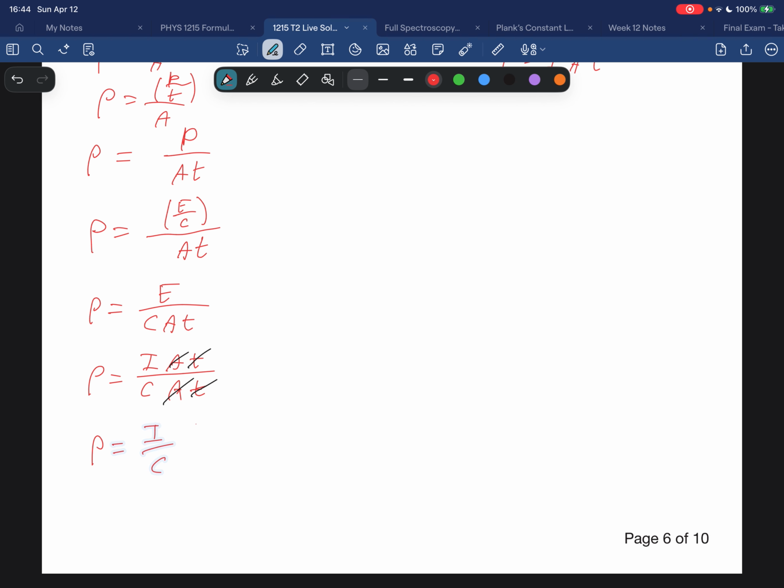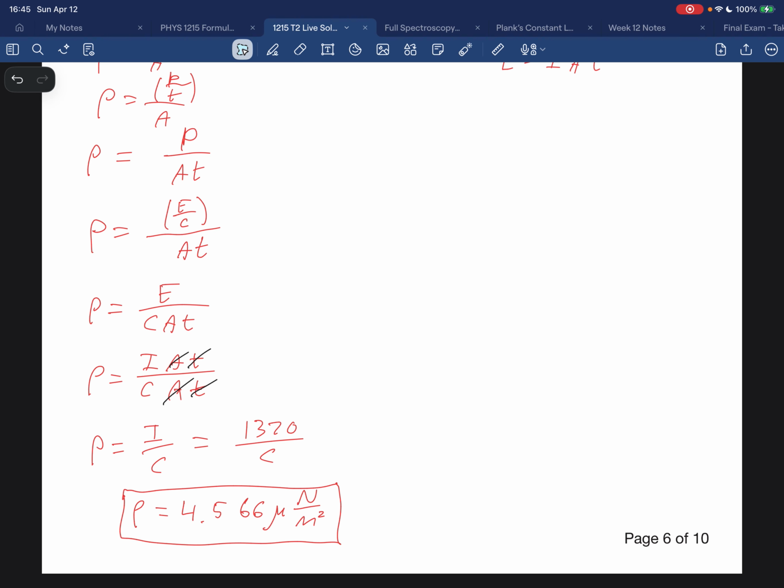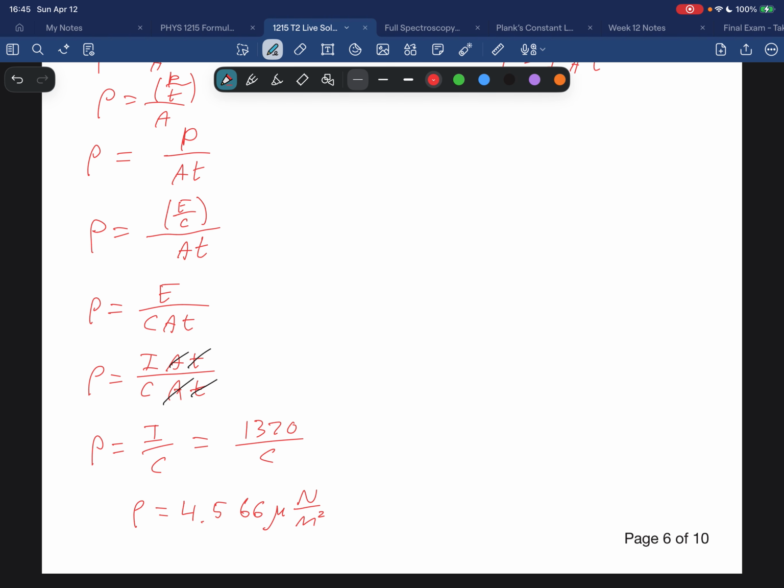So I'm going to plug in 1370 and the speed of light c, and I get about 4.566 micro newtons per meter squared. For the units, you could have given me anything equivalent to newtons per meter squared.